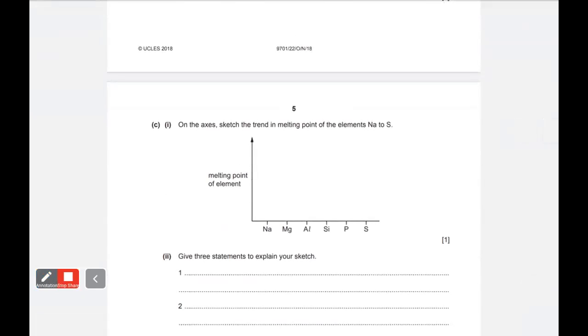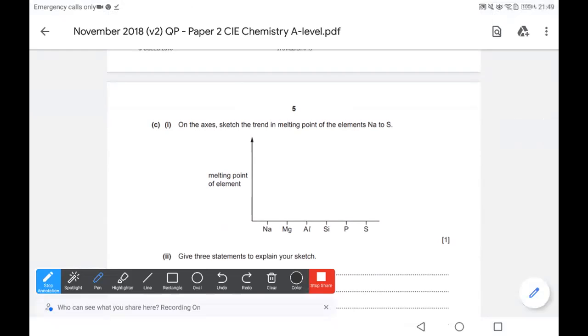Sketch the trend in melting point for elements sodium to sulfur. It's a good one. From the first group, it increases. It will increase for second and third, because the metallic lattice strength increases as the number of electrons released increases, and the fourth group always has the highest.